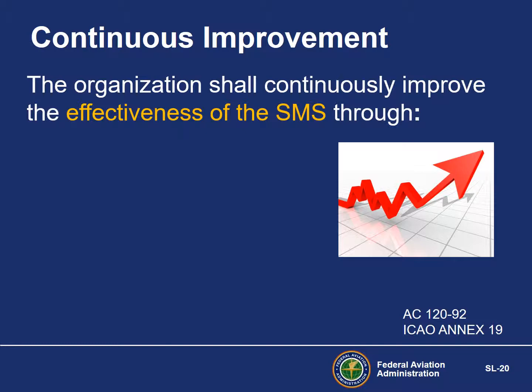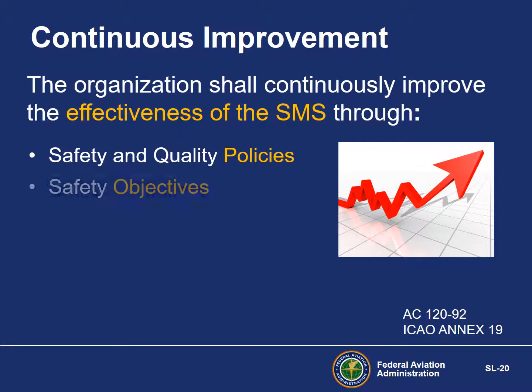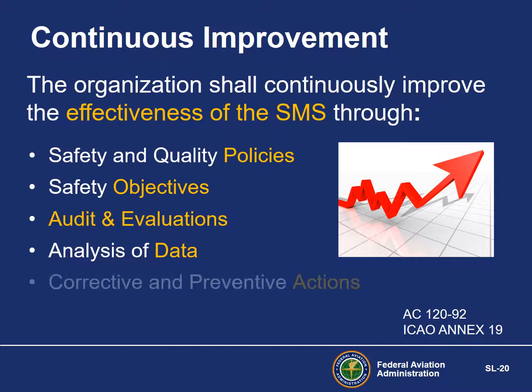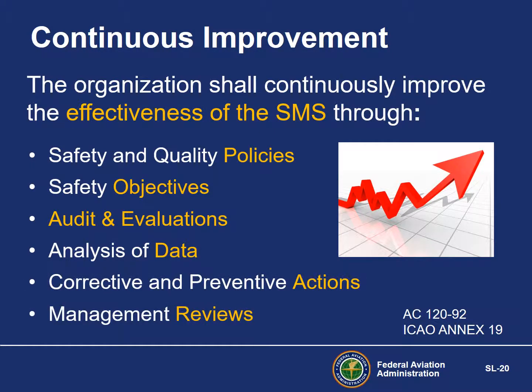That's a tall order. Just how should we go about it? The SMS framework provides guidance through the use of safety and quality policies, safety objectives, audit and evaluation results, analysis of data, corrective and preventative actions, and management reviews. That covers just about everything in the SMS operational environment.